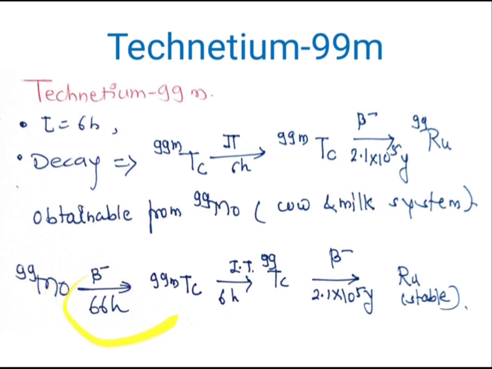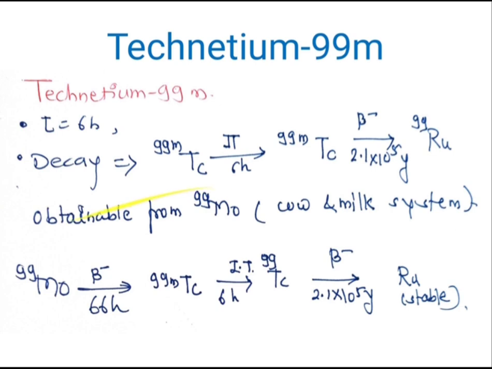Then after 6 hours, the 99m technetium undergoes the reaction and forms technetium 99, meaning it comes to the ground state, and then there is a beta minus decay. After 2.1 into 10 raised to 5 years, it forms Ru99, which is a stable species.